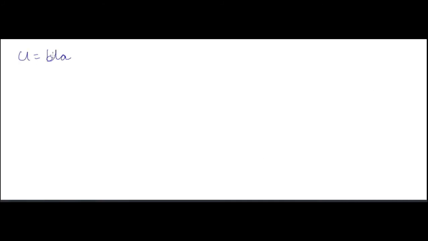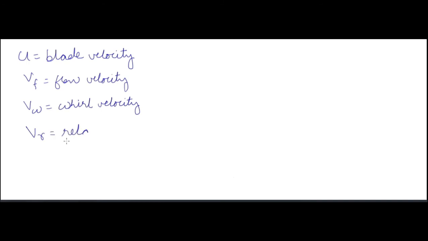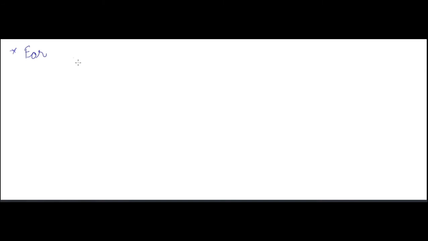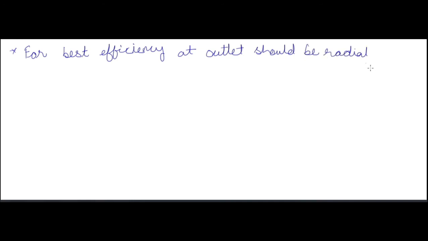Now U is the blade velocity, Vf is flow velocity, Vw is whirl velocity, Vr is relative velocity, and V is absolute velocity. One is inlet and two is outlet, so respectively you will have V1, V2, and so on.